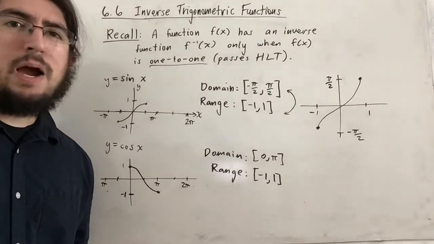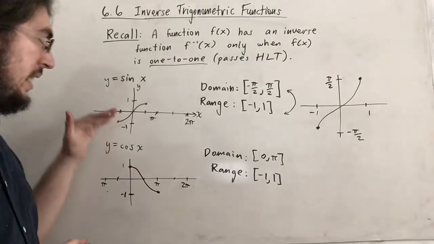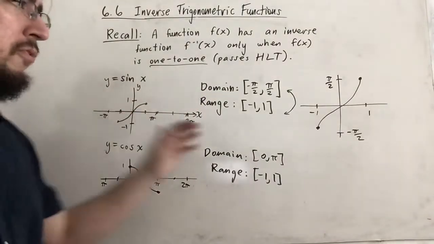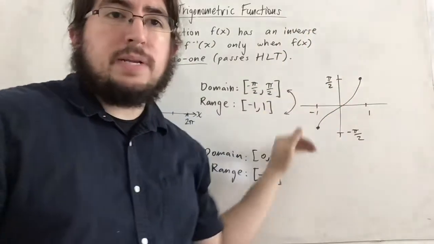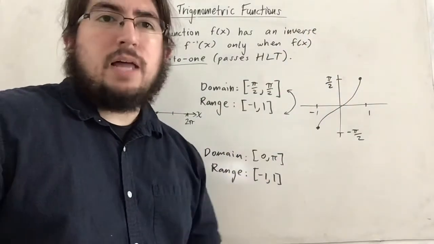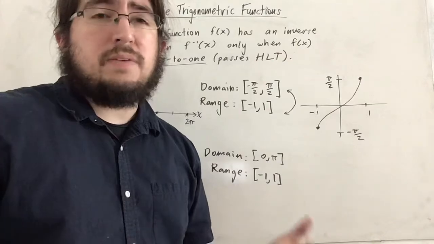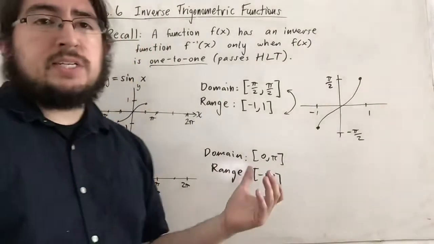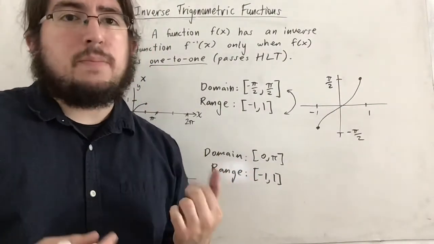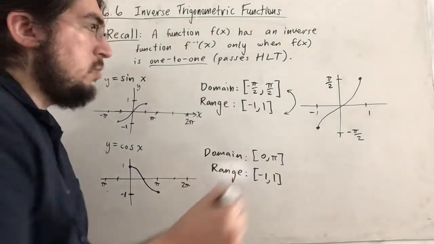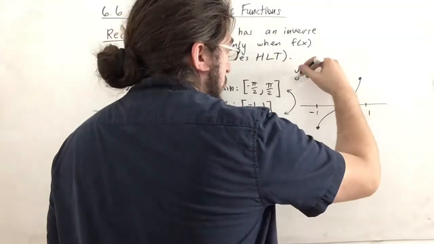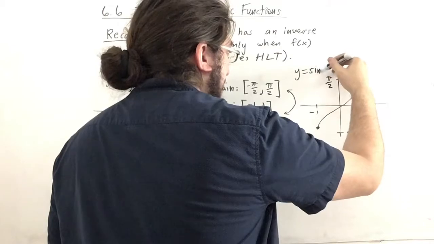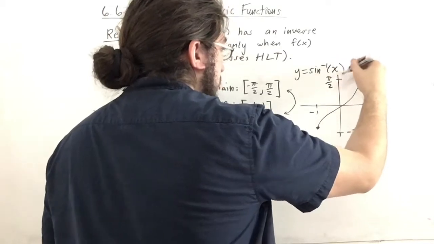And you can kind of see why we need this restriction, because if we were to continue and do that whole thing, we'd get this weird wave going up and down like this, and that would fail the vertical line test. In other words, it wouldn't actually be a function. We want it to be a function so that you plug in a number and you get exactly one number out. So this is what's going to be our graph for y equals sine inverse of x.